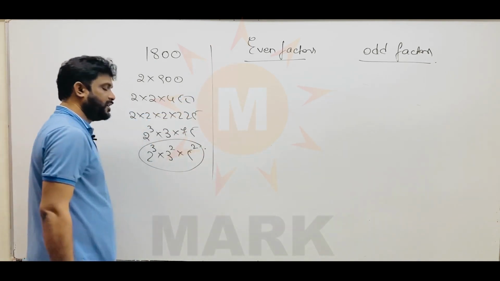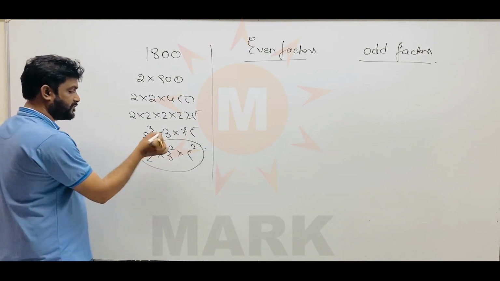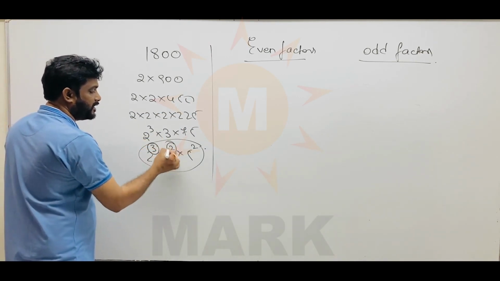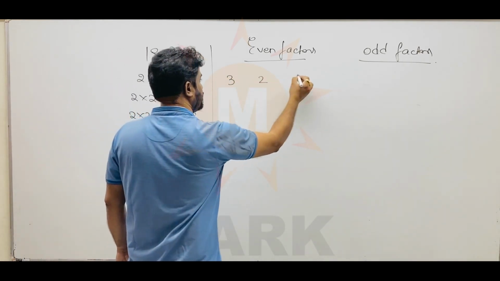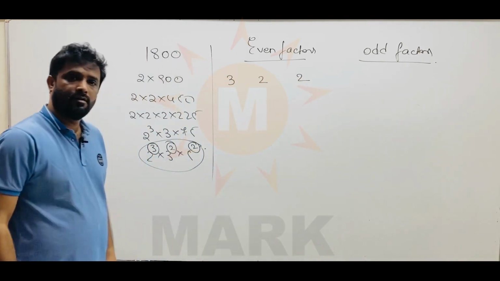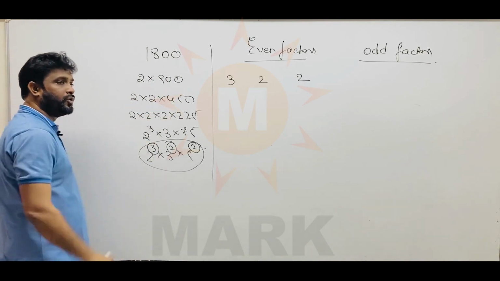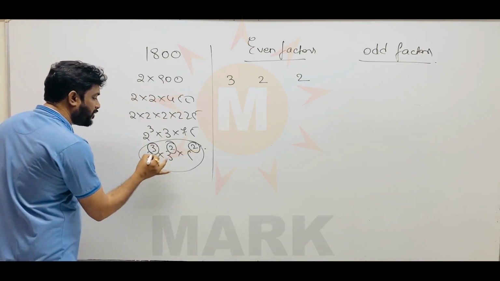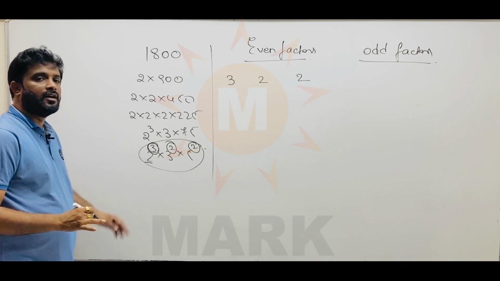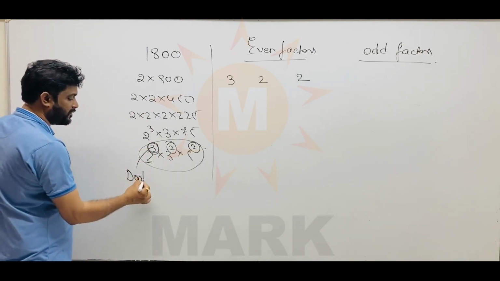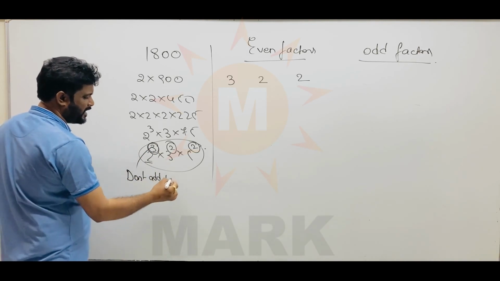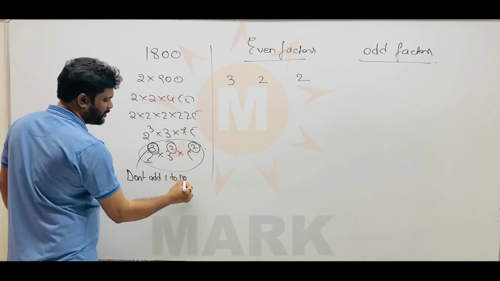Okay. Now my dear friends, we have to take the powers. Whenever we are finding even factors, we have to take all 3 powers, 3, 2, 2. Now what we have to do in even factors: whatever the power of 2 is, what is the power of 2? 3. For that number we should not add 1. Don't add 1 to the power of 2.